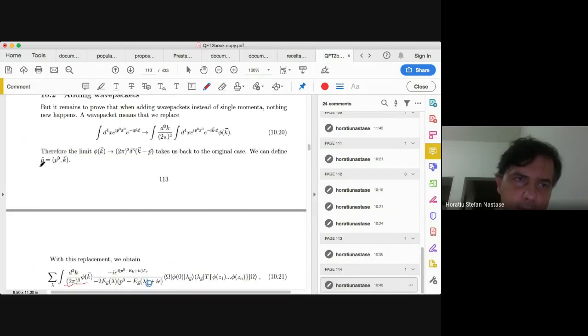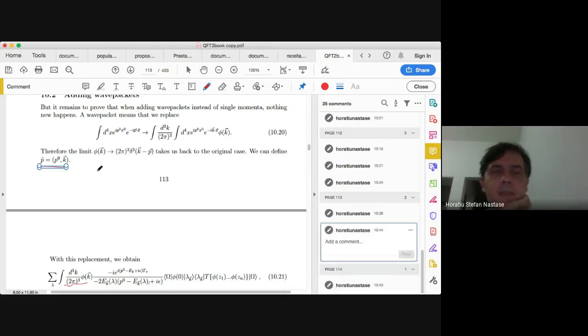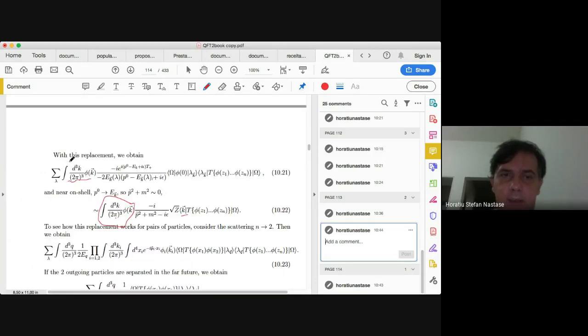So I defined p tilde equal to p0 and k vector. The integration for the wave packet is over k vector, but p0 is still p0. So I define p tilde as p0, k vector.